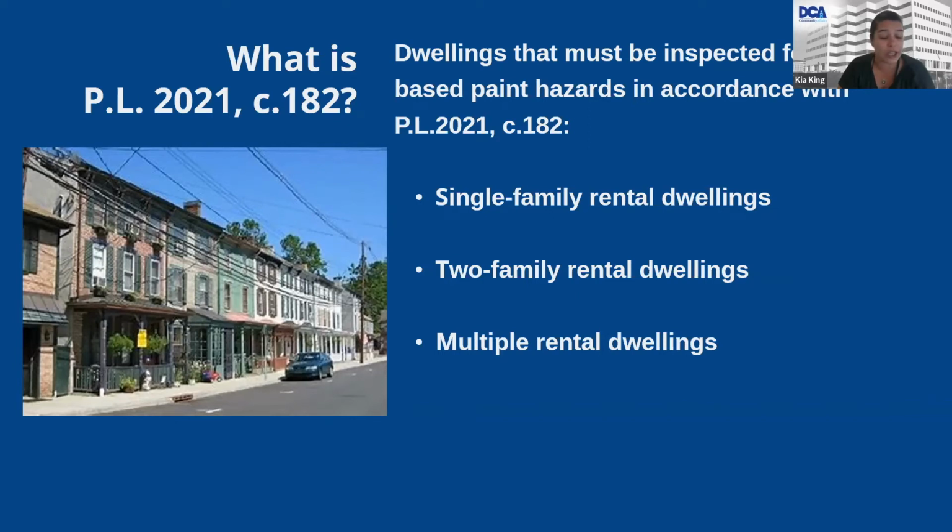Also, any owner-occupied properties where there's a unit being rented that meets the obligations under this act would also need to be inspected. And I know we've seen also some questions about folks who originally purchased a pre-1978 home, but then want to rent it out in the future. If that dwelling is ever rented, this law does apply. So it's important to keep that in mind.